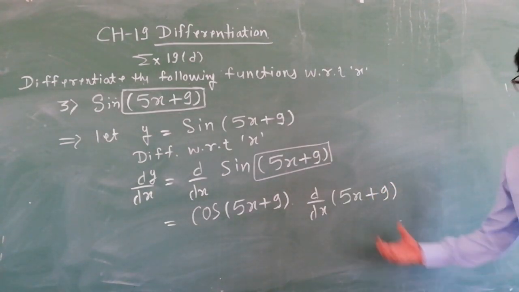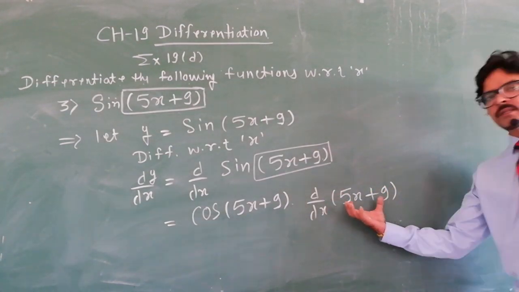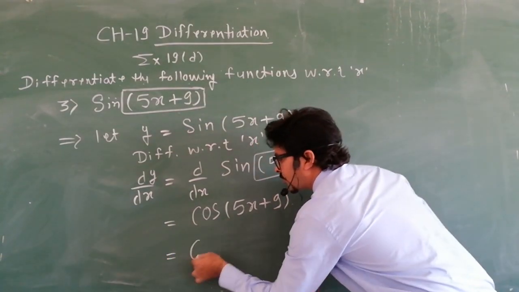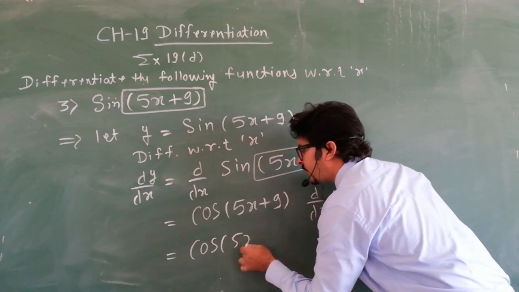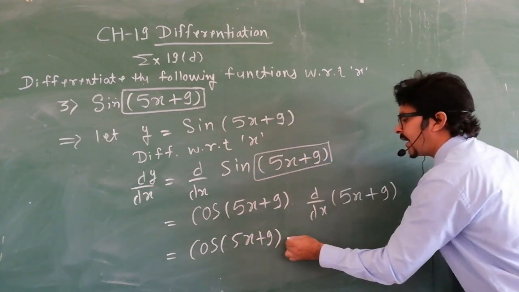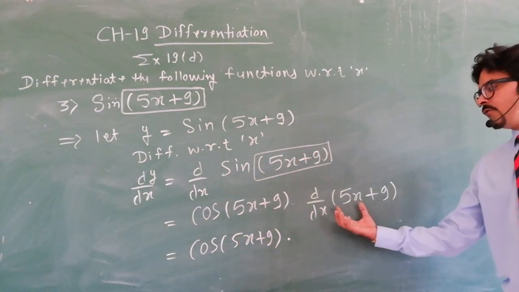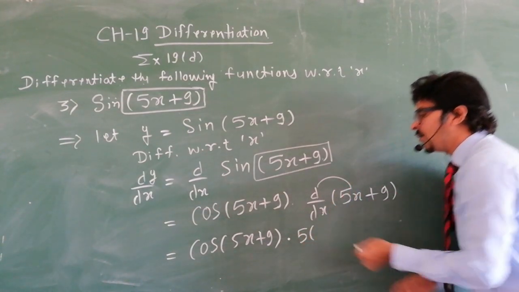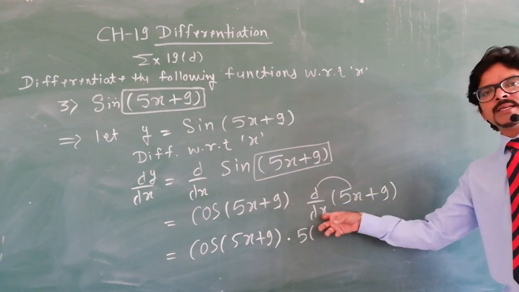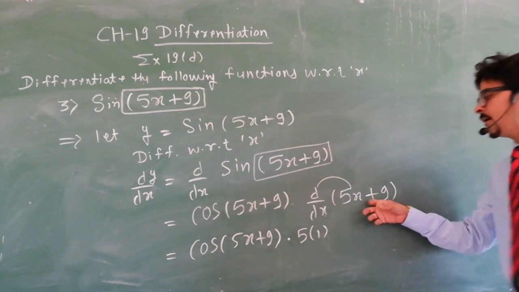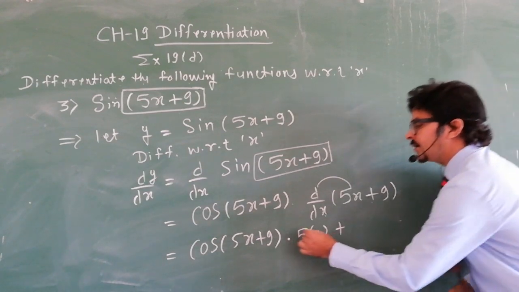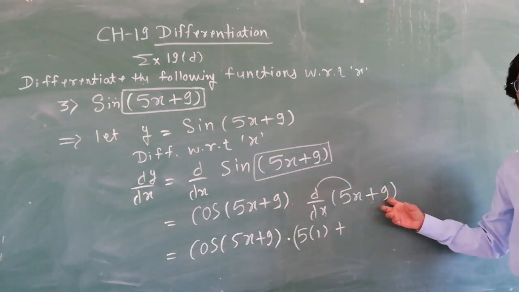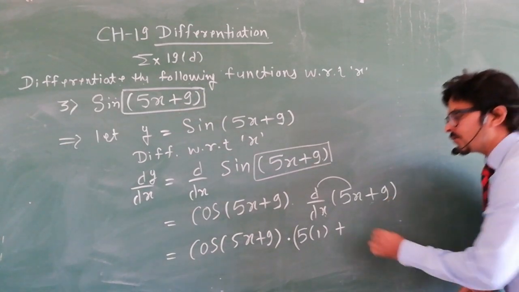Now differentiate this. We know the derivative of a sum is the sum of the derivatives of the two terms, so we'll write the first term as it is, which is cos(5x + 9). And now the derivative of 5x: 5 is a constant, we take it out, and the derivative of x with respect to x gives 1, and then plus, put a bracket here, the derivative of 9, and 9 is a constant, so the derivative of a constant is 0.